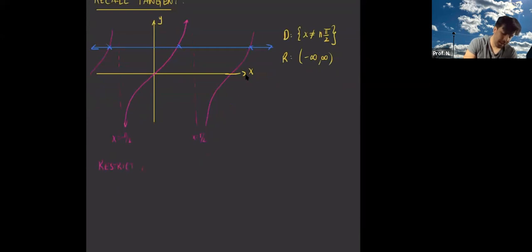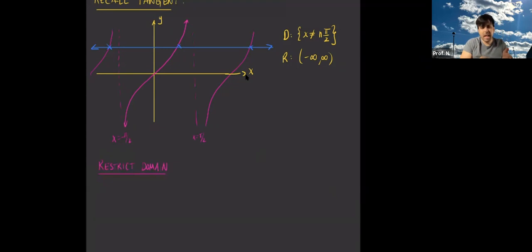We restrict the domain. Now I think the interval that we're going to restrict the domain to is kind of telling based upon the graph. It was a little bit harder for sine and cosine, if you've never done it before, to know exactly what to restrict.